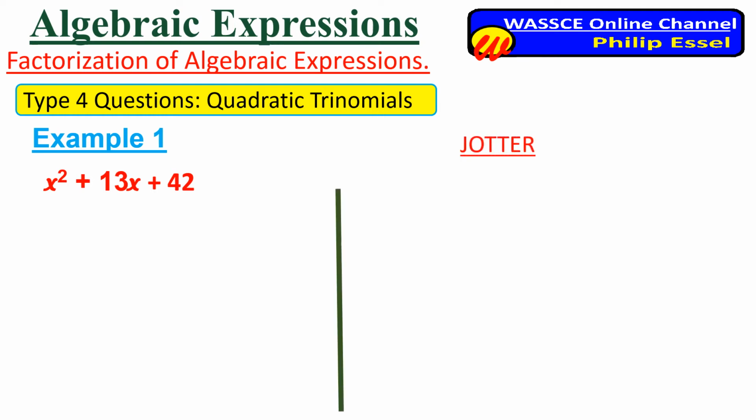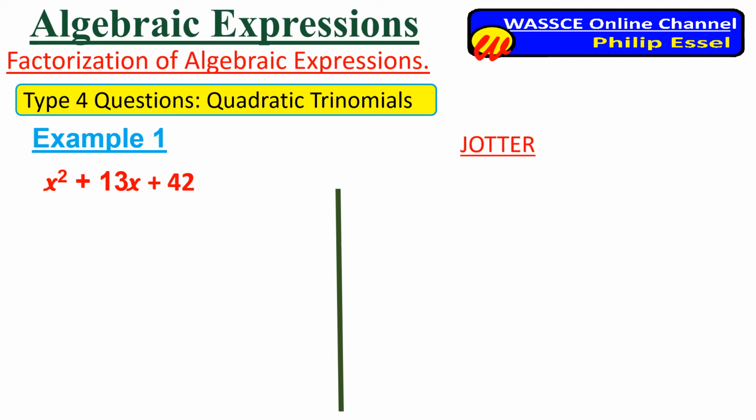To be able to do this, let's do a little rough work in our jotter. Remember, this rough work will not be part of the actual work. What we will do in this jotter is this: we would multiply the coefficient of the x squared, or of the variable squared, by the constant in the expression.